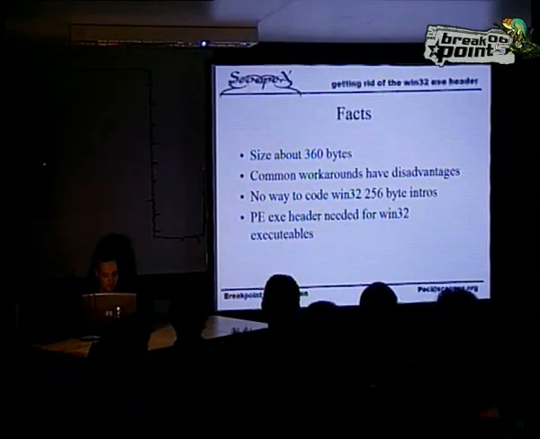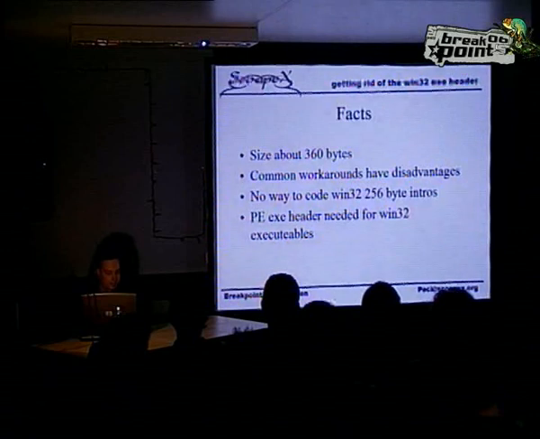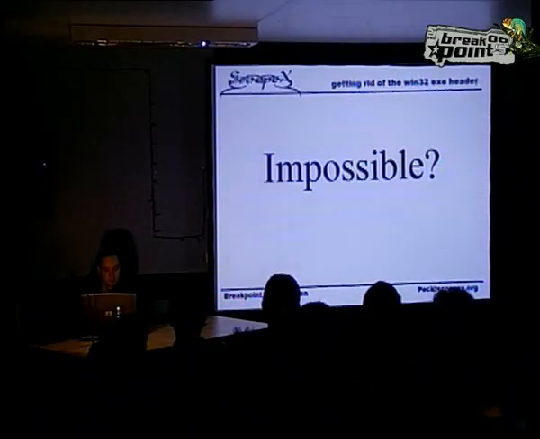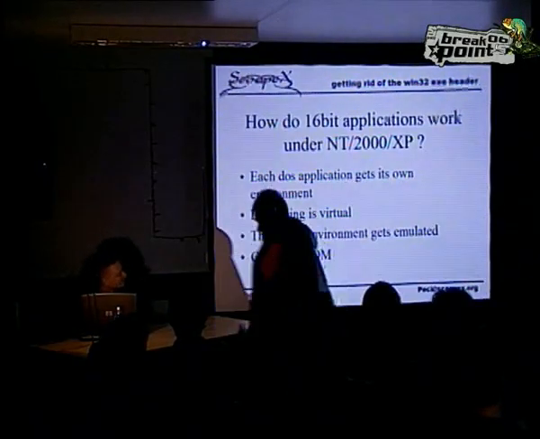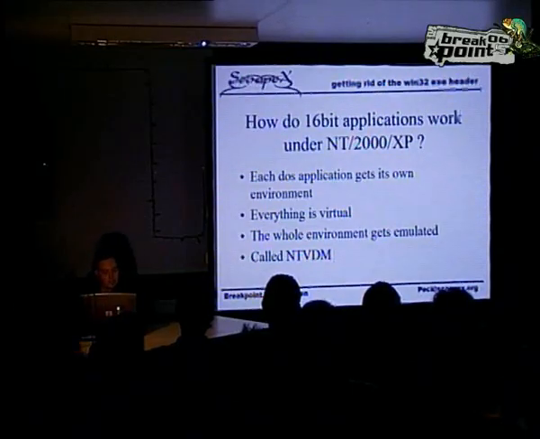The only way to execute real Windows 32-bit code is via a valid exe header. So everything else is impossible. Is it really impossible? Well, you need to know more about what's going on behind the scenes, how Windows manages those 16-bit COM files.